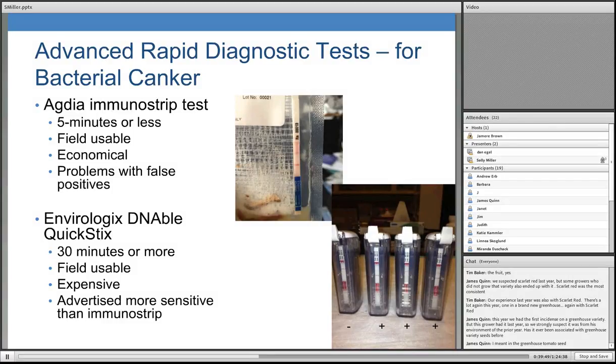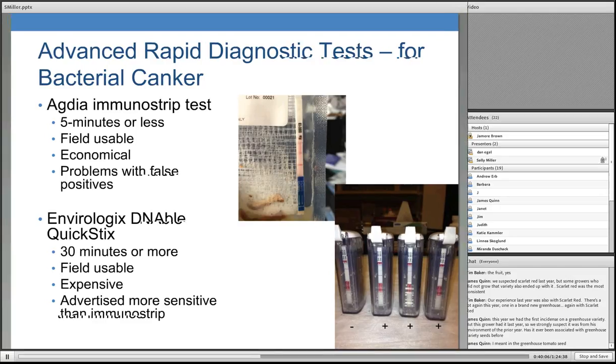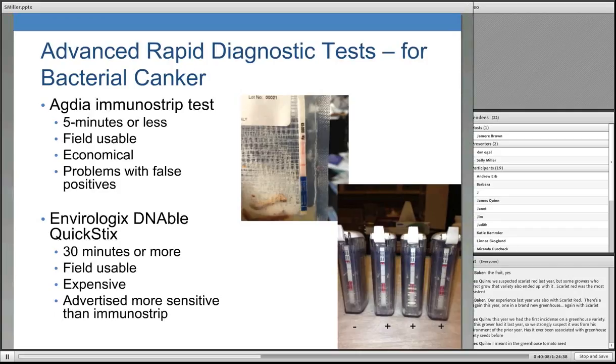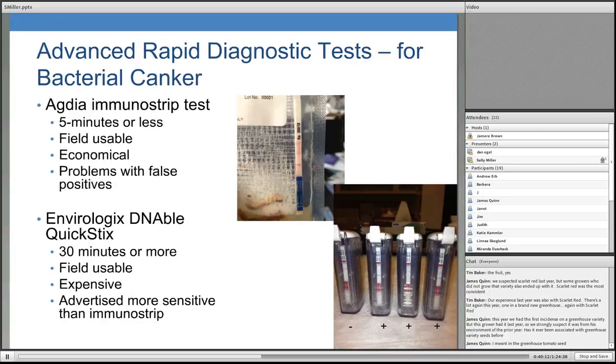Now, I also would like to mention a very new test that's just being developed by Envirologix, another company in Maine. This test is more complicated by far than the immunostrip test, but it's also very, very specific, and it gets around the problem of cross reaction with other things.